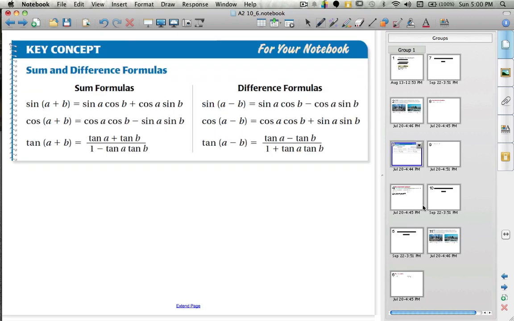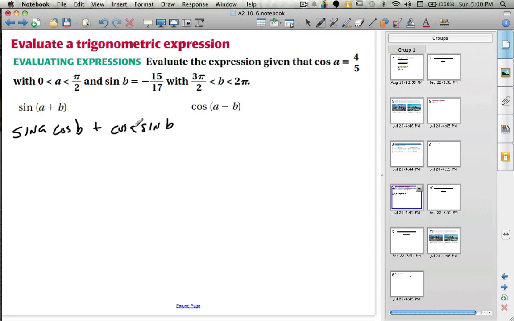I did. And they've given me values here. They've given me the cosine of A is 4/5 and sine of B is negative 15/17. So that's great and all, but that's not all the data I need, right?